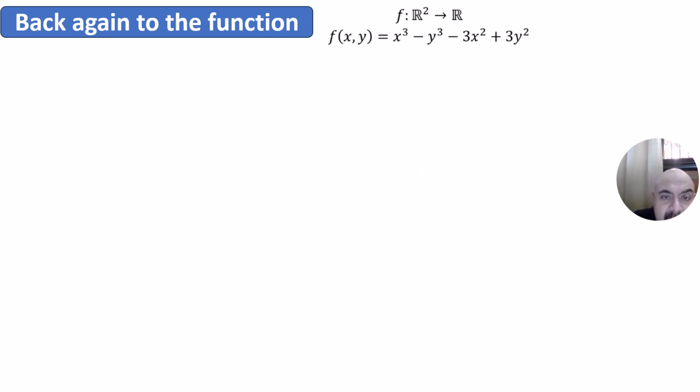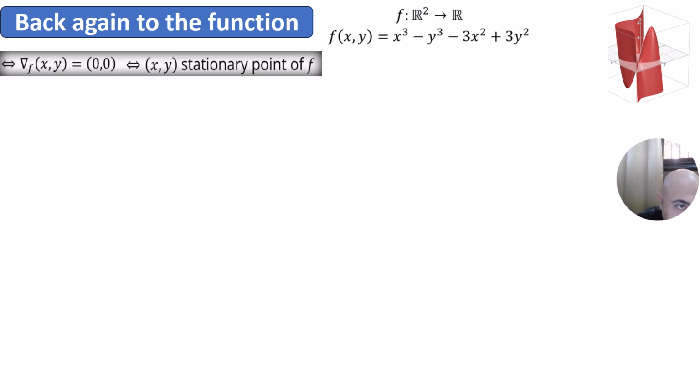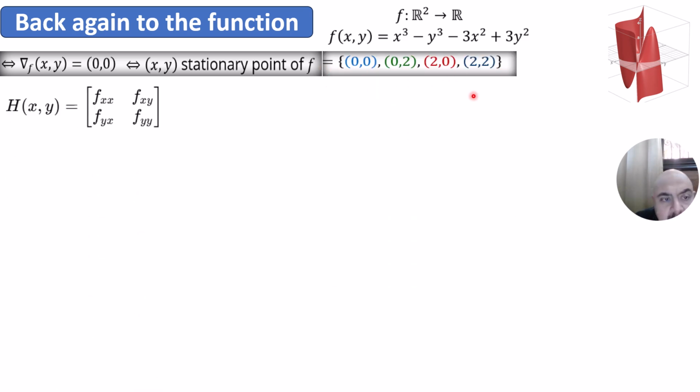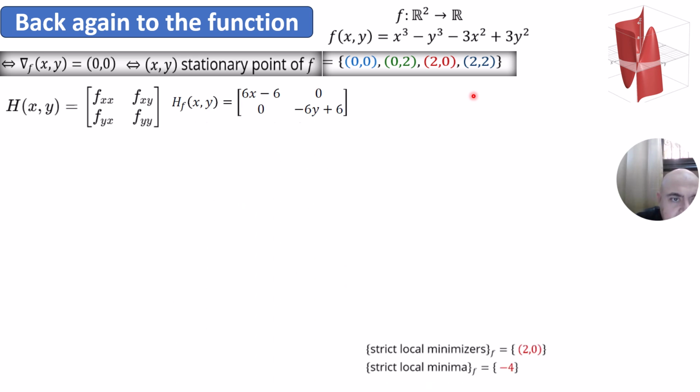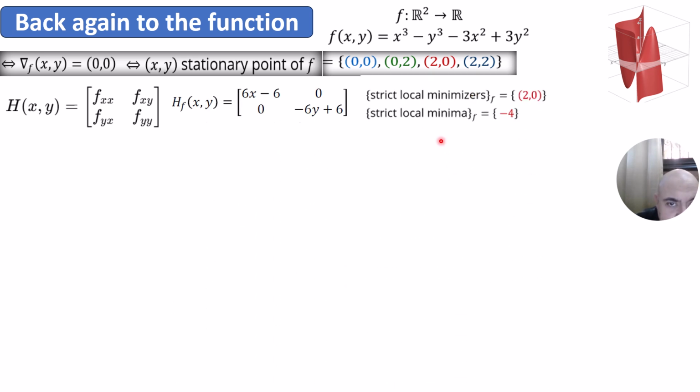Back again to the function x cube plus y cube minus 3x squared minus 3y squared, and let's do the analysis once more to discuss if these points, the critical points, are just only local, or global extremum. The gradient equal to 0. The stationary points are those points. This is the example that we solved already. Okay, that's the Hessian matrix. That's the shape of the Hessian matrix.